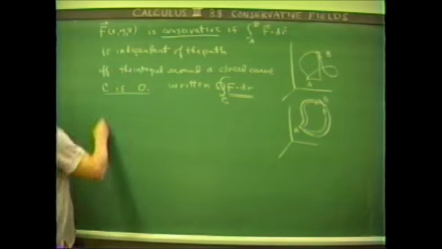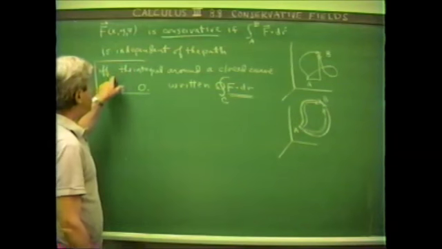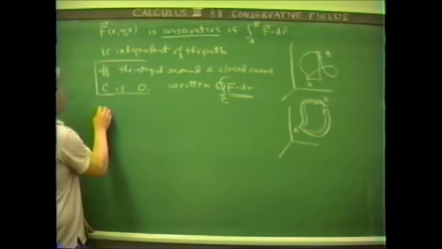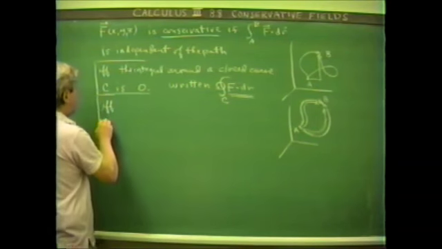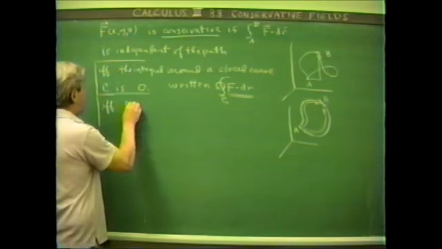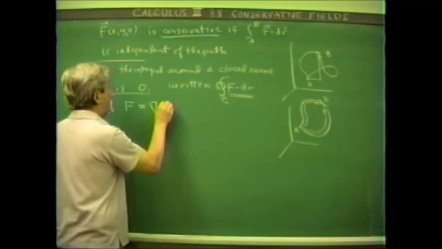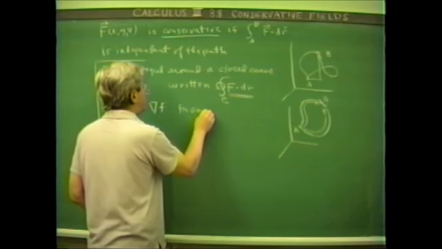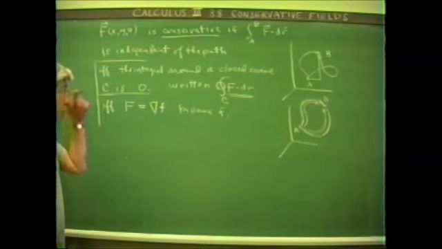So, one way in which you can tell if you've got a conservative field is to determine that the integral around each closed curve is 0, and better still, you're going to have a conservative field if and only if F is the gradient of some little f.